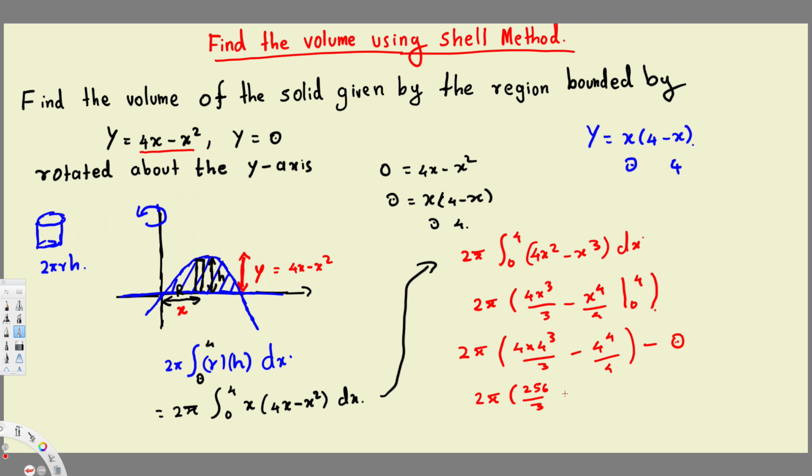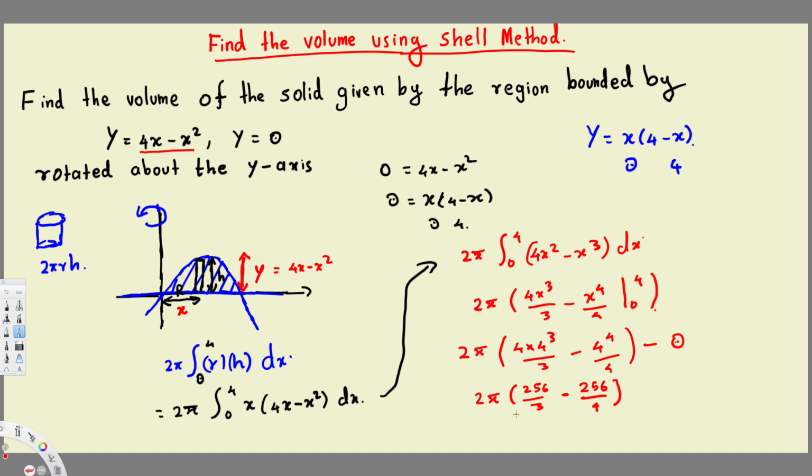So 4 power 4 is basically 4 cube times 4, so this is the same as 256 divided by 4. If you find the common denominator, it's going to be 12.